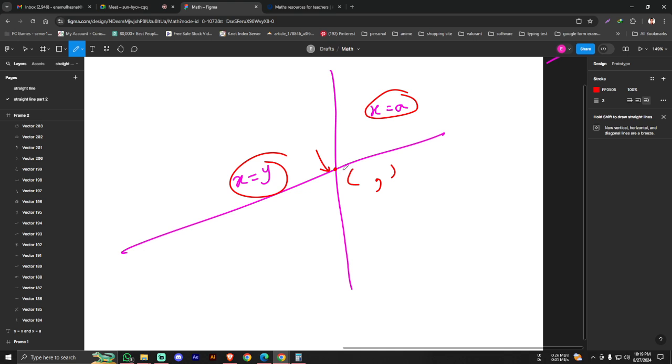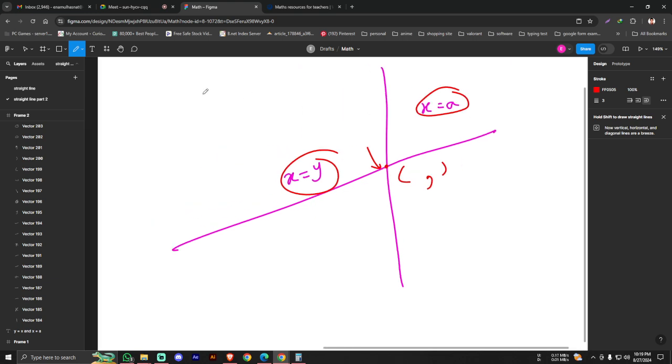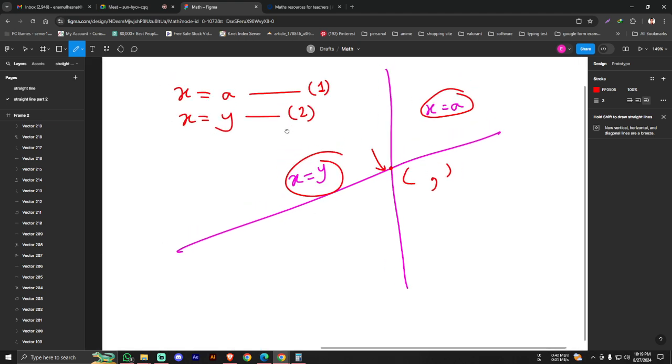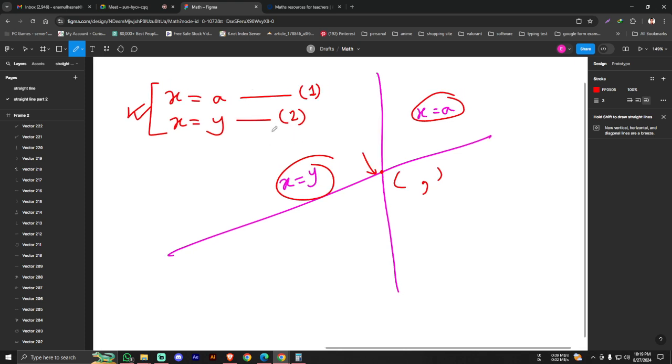Wait a minute. First of all, you have to understand there are two equations, which are x is equal to a and x is equal to y, right? This is equation 1 and this is equation 2. Now these two equations are intersecting in a point in the graph or in the figure.